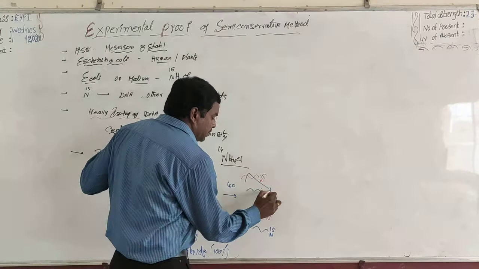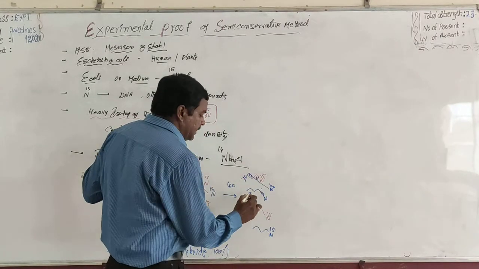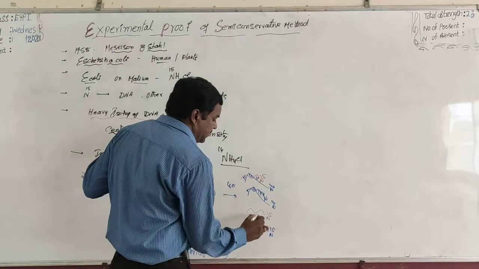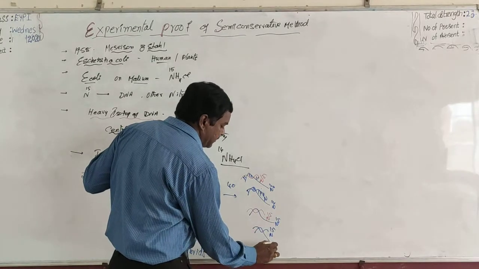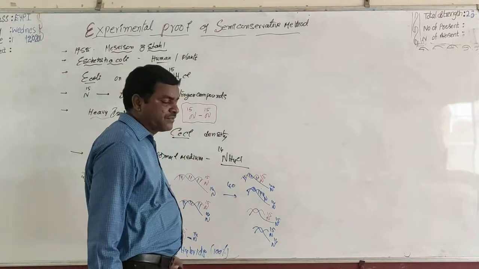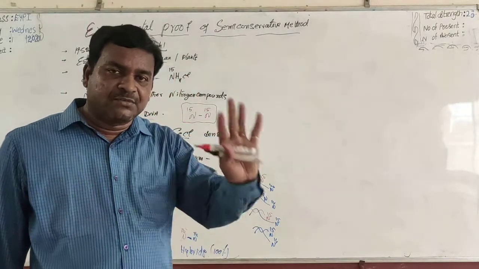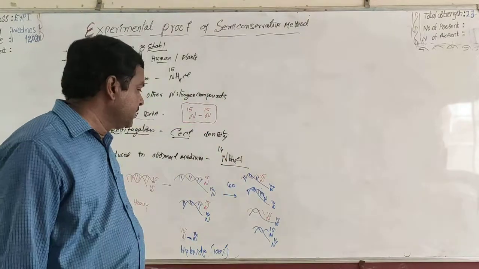By using N14, it develops into one DNA. By using N14, it develops into another DNA. In this way, N14 strands are formed opposite to these old strands, leading to the formation of a total of 4 DNA molecules after 40 minutes.